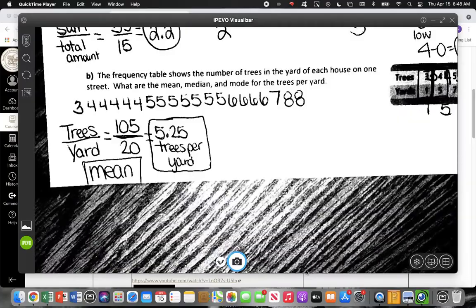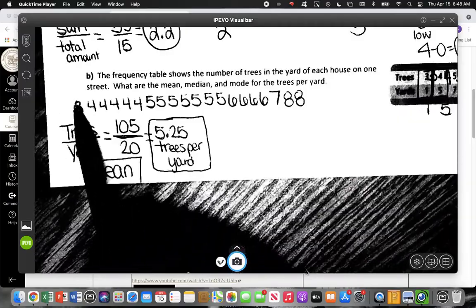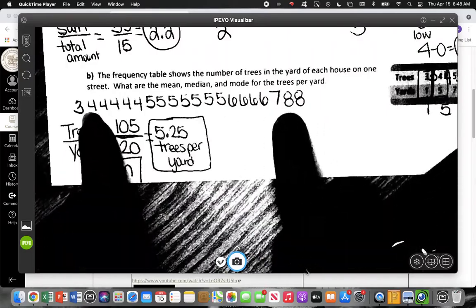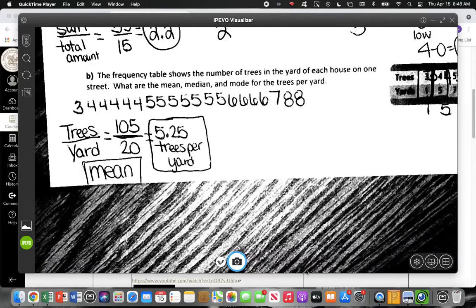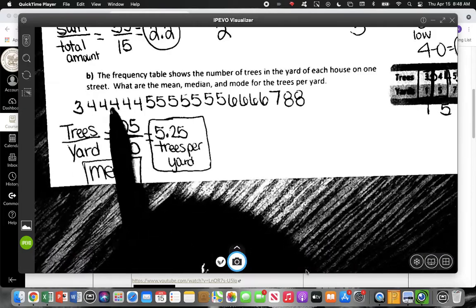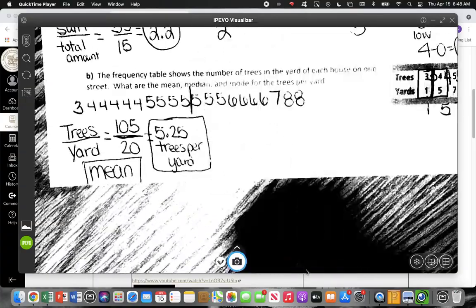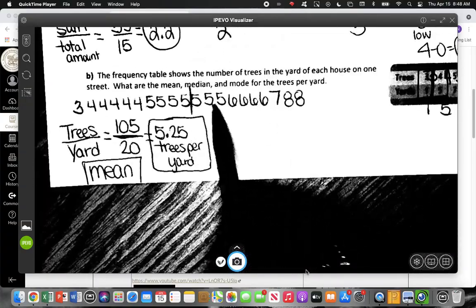On this one, since there are 20 yards, we could start from here and count in until we have the middle, or 1, 2, 3, 4, 5, 6, 7, 8, 9, 10. Would that split it into 10 yards on this side, 10 yards on this side?